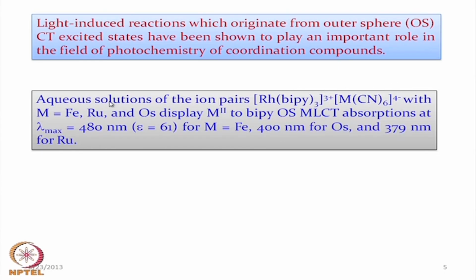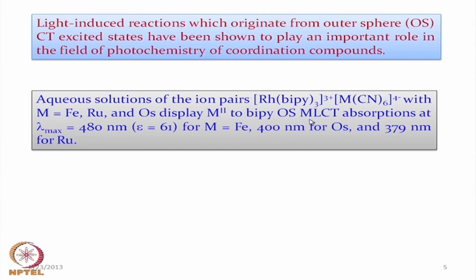So, when we dissolve these in water solution, the first thing is that when M is present as iron, ruthenium and osmium, they all display metal to bipyridyl outer sphere MLCT absorptions: at 480 nanometer when the metal is iron, 400 nanometer when it is osmium, and 379 nanometer when it is ruthenium, for a series of iron, ruthenium and osmium where these are changing.